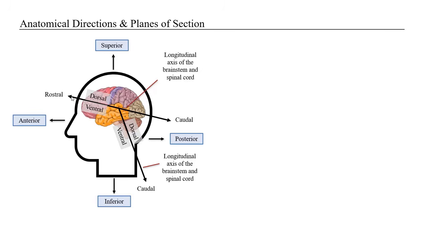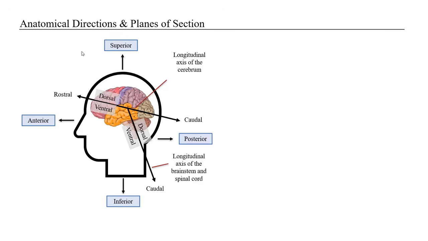So if you remember from embryology, the brain starts out as a tube. The tube is up and down along what becomes the spinal cord, and then there's a number of flexures where the tube bends and folds. One of the major flexures is the mesencephalic flexure, and so the tube runs almost horizontally when you're actually in the cerebrum. So we can call this the cerebral line, this longitudinal axis.